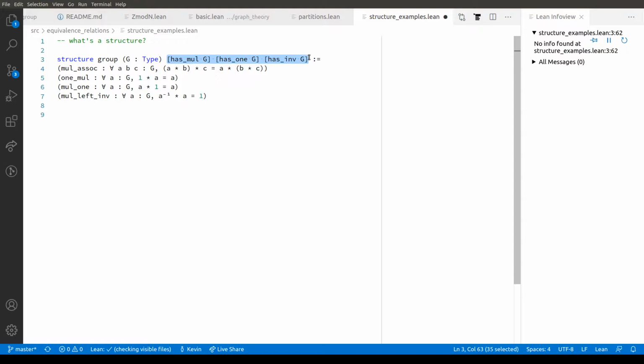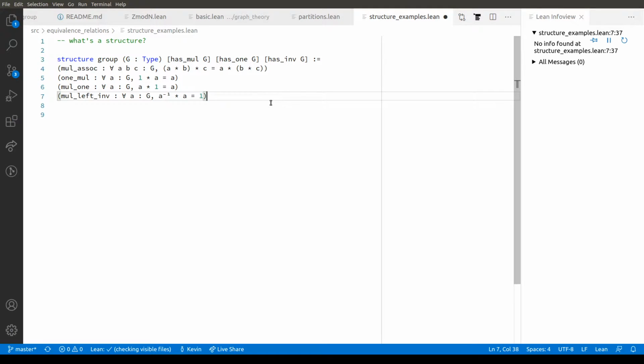I didn't want the multiplication and the 1 and the inverse to be part of the structure. It's just convenient if we have those already, because then we can use this funky notation here. G already has a multiplication and a 1 and an inverse right from the get-go, right from the start. So there's the definition of a group.